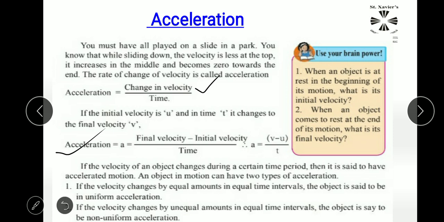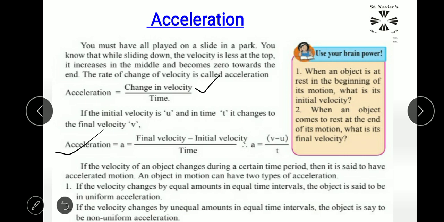If there is a decrease in speed, velocity is decreasing, it is changing, we can say the acceleration is negative acceleration. And if there is no change in velocity, it is said that the acceleration is zero acceleration.